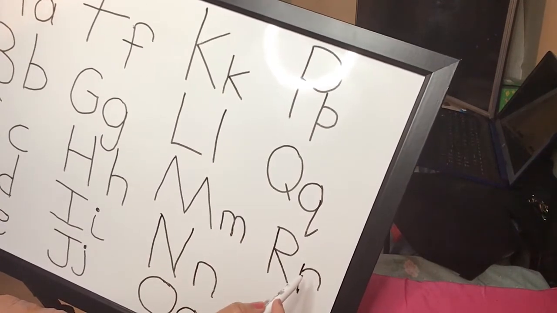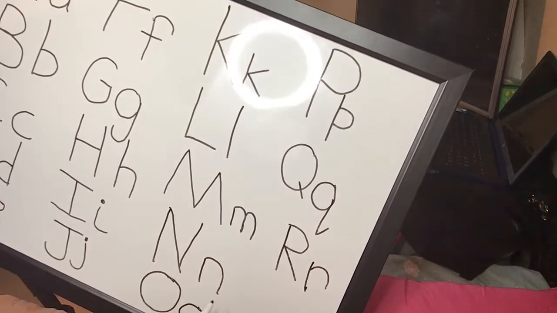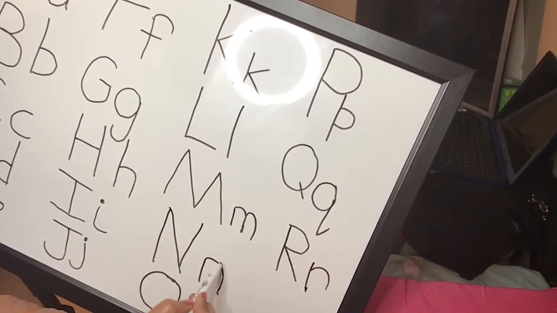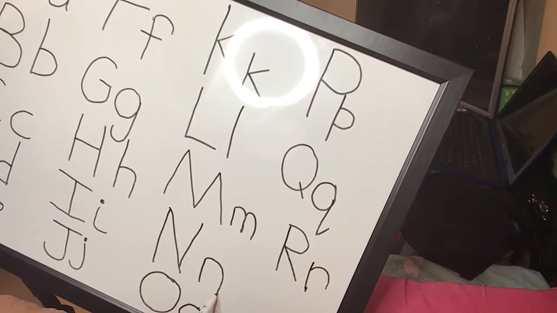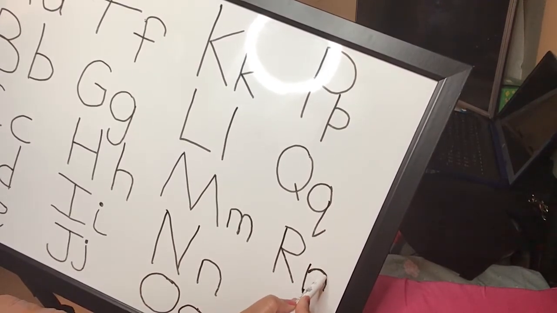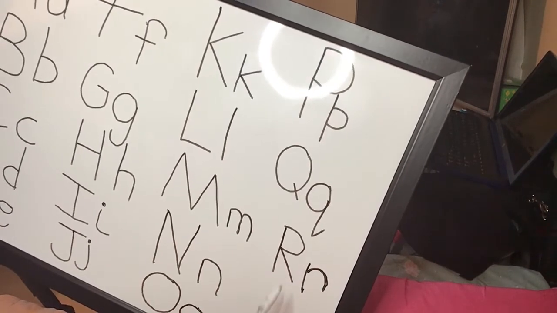Now do not confuse the little R with the little N. Notice little N is like this. You go that way, all the way down. The R, you only come part of the way.